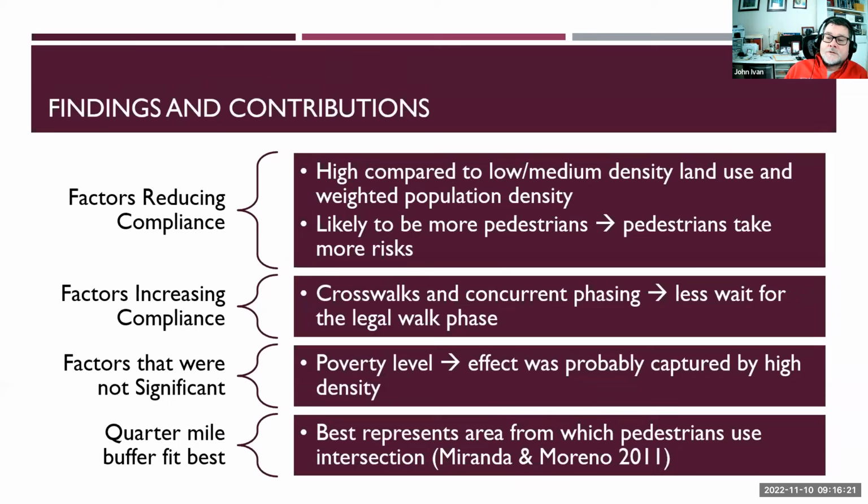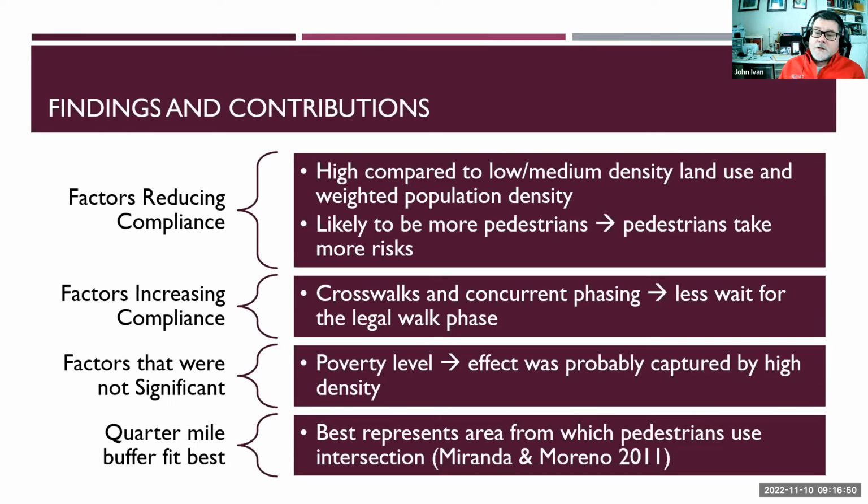There's a lot more density, so there are more pedestrians, and the pedestrians take more risks in these kinds of areas, possibly because of a safety in numbers philosophy, but it's just a more dense area. And it's possibly because the vehicle speeds are lower in those areas compared to the low and medium density locations. And so again, the pedestrians feel that it's safer to take the risks.